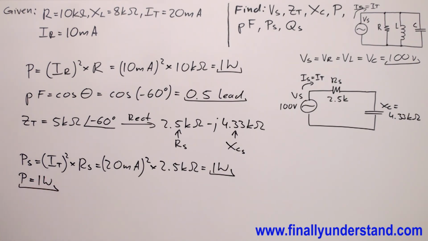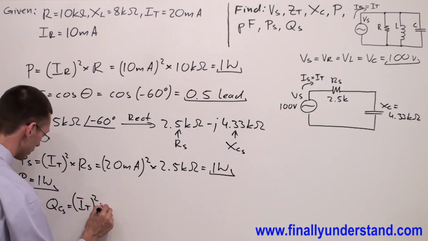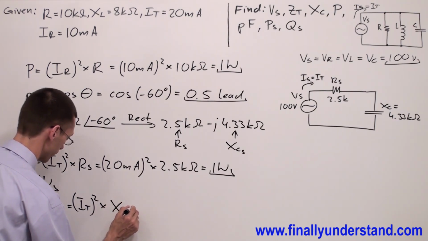Now we're supposed to find the reactive power. So we have reactive power in the series circuit. We can say it is equal to the reactive power at the capacitor, CS, because right now we know that this is a capacitor. So this is equal to I total raised to the second power times X of CS.